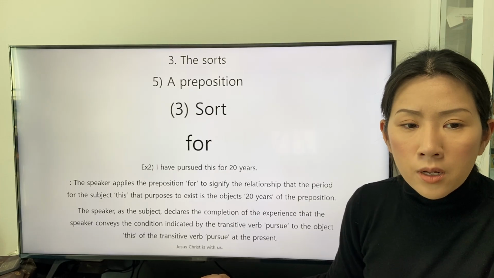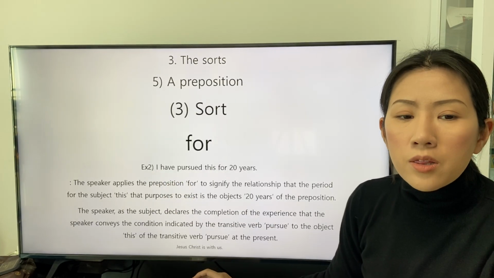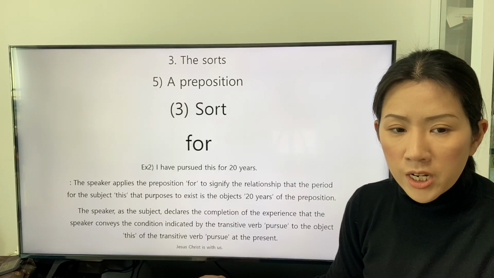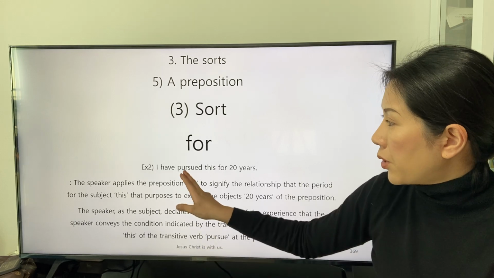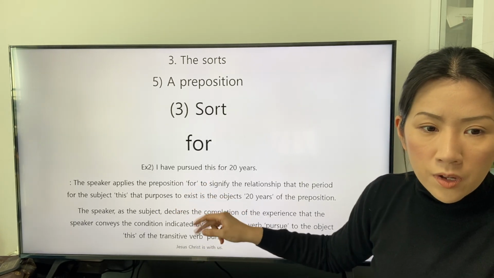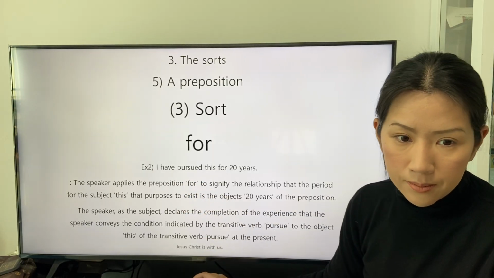The speaker as the subject declares the completion of the experience, that the speaker conveys the condition indicated by the transitive verb pursue to the object this of the transitive verb pursue at the present.